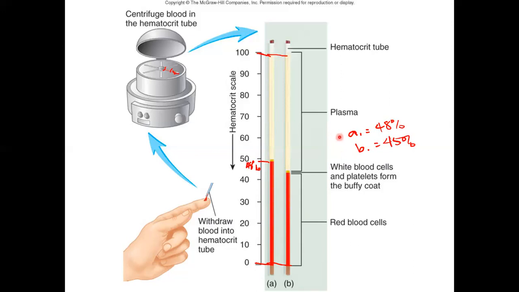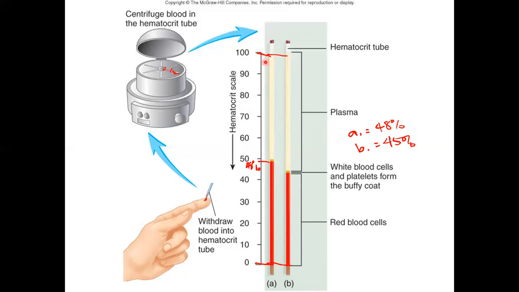Which person is dehydrated, severely dehydrated? And so when you're severely dehydrated, you've lost plasma volume, but you haven't lost packed red blood cells. So you've lost plasma, so plasma's less, so that artificially raises the amount of red blood cells. Good. So letter A would be the one who's dehydrated, right?